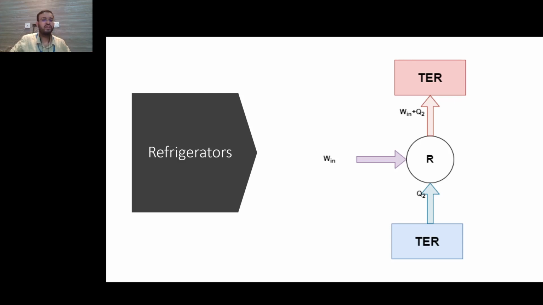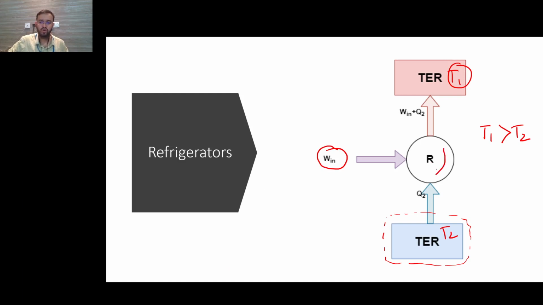A refrigerator is a thermodynamic device which operates in a cycle which absorbs heat from an enclosed space at lower temperature and rejects it to the surroundings at a higher temperature, while consuming work.